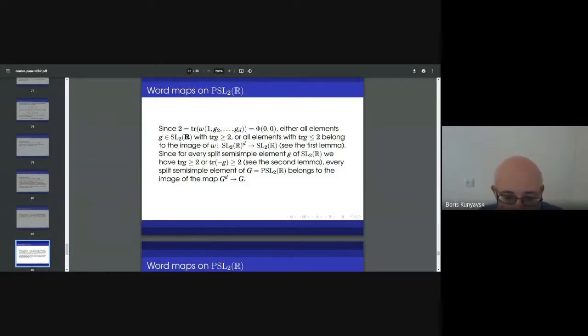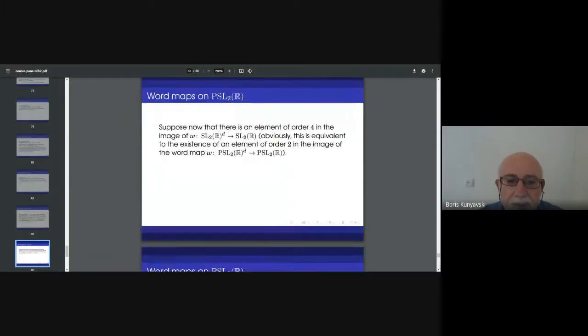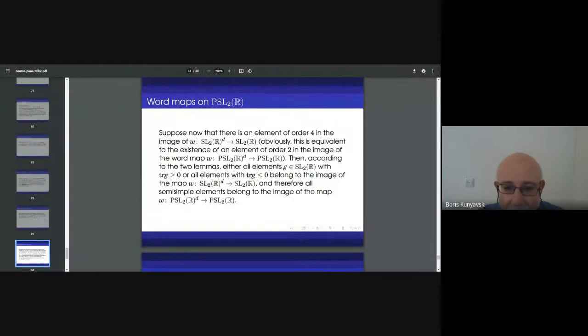But once again, only split semi-simple elements are covered with this proof, for SL2 only. For SLN, I don't know what's going on. And well, here is the argument about order 2. It's equivalent to the existence of an element of order 2 for PSL because of this -1, -1.